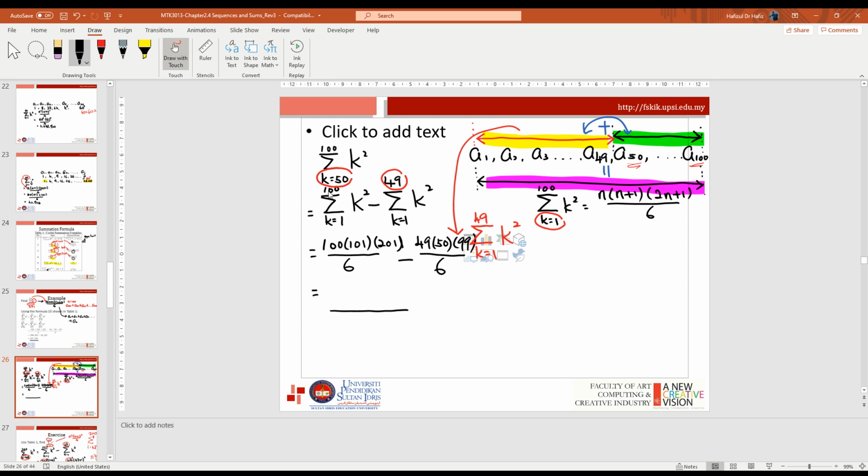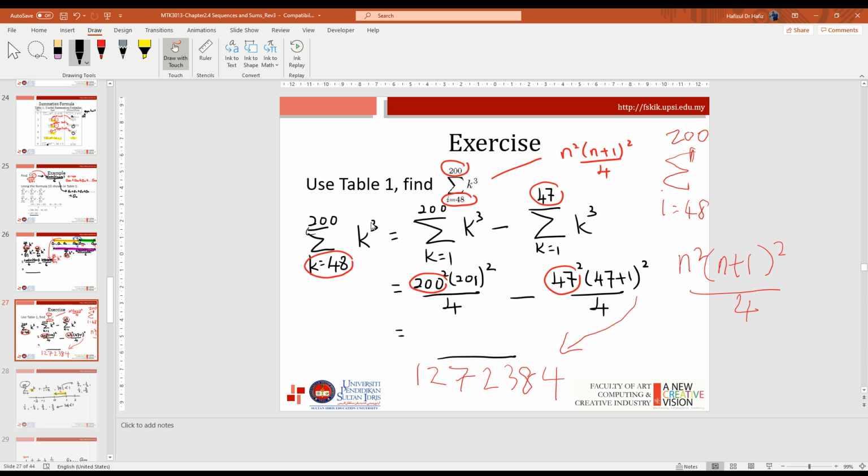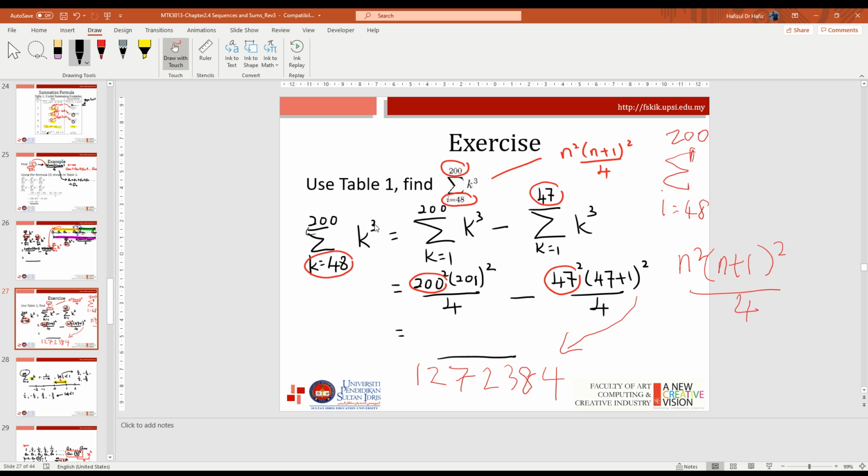If you have 50, you divide total 50 by 49. Okay, this one is for the exercise. Again, this one is in power 2 plus 1 divided by 4. We have 48 minus 47.